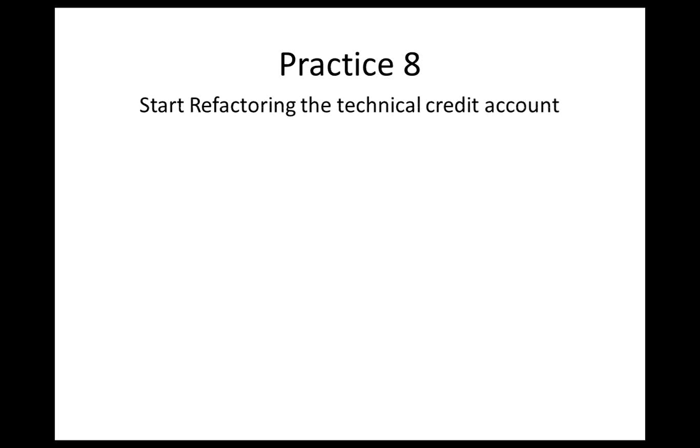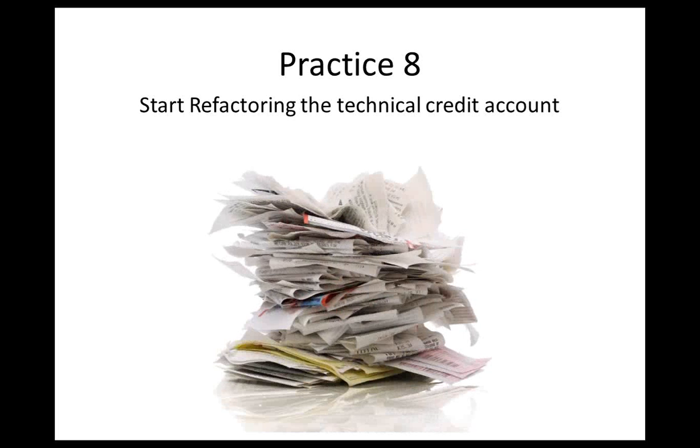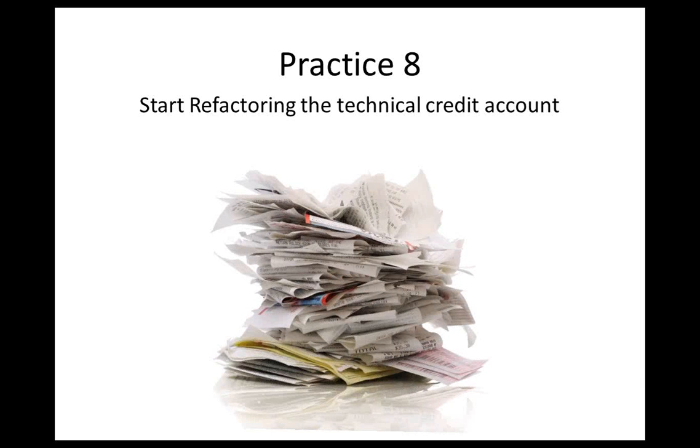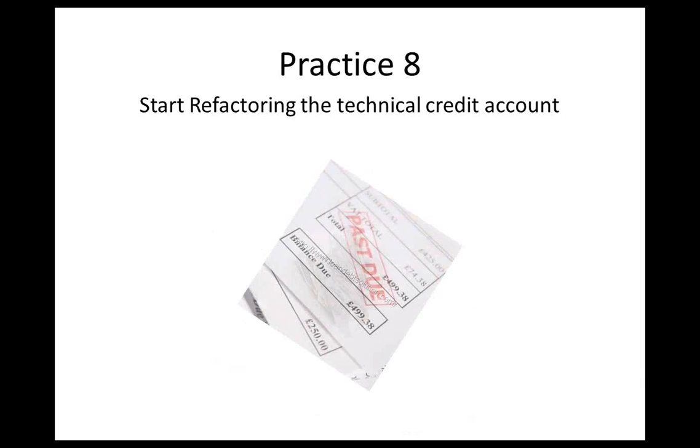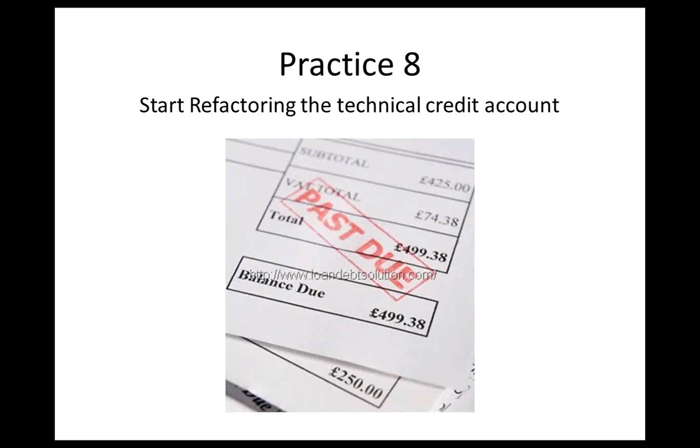The next practice talks about starting to refactor the technical debt, meaning the places where we have accumulated a lot of it. Look at it like this: if you have lots of card bills, what do we normally do? We cannot pay all at a time.